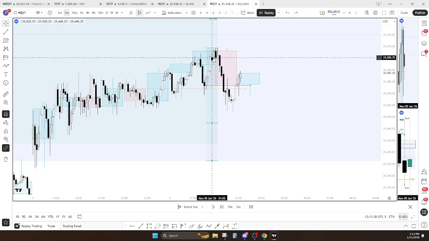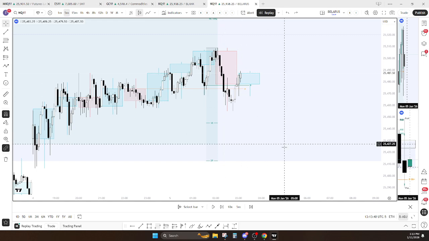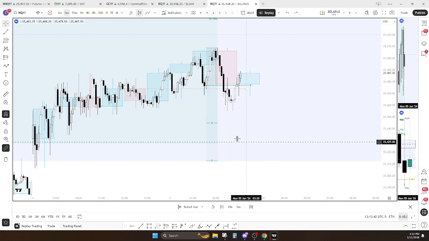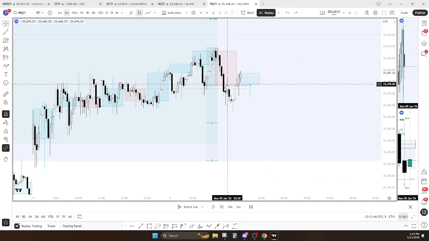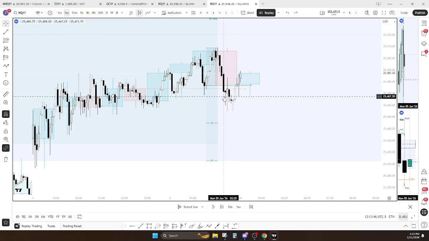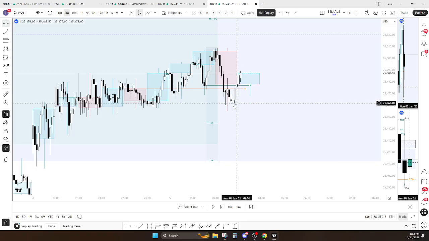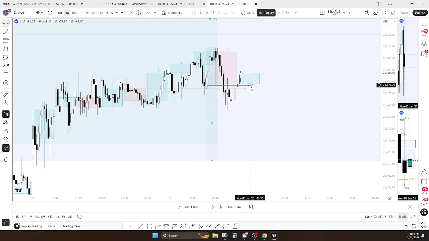All right, this is something I've mentioned before as well. When you see a CISD, you want to see displacement after the fact. Notice that none of these candles close below previous candles. We barely got to close below the swing low. We got it on this candle, and even when we did, we failed to close below the previous candles. This is when you know that your CISD is instead going to be a liquidity sweep, right?